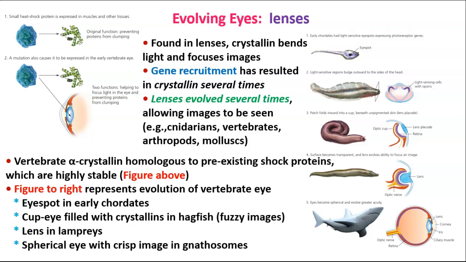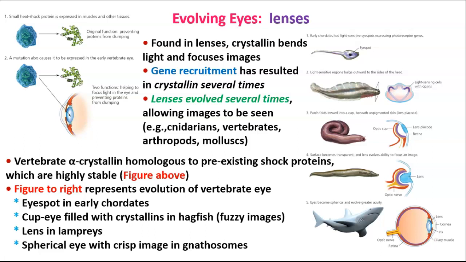And so it's evolved several times through gene recruitment in cnidarians, because, for example, different lineages of jellyfish have eyes, vertebrates, arthropods, of course, mollusks, squids, octopuses. So the lens of different eyes can be traced back to gene recruitment, using the heat shock proteins and transforming them into crystallin proteins, which then could be used in lenses.